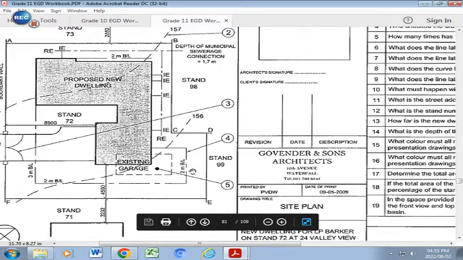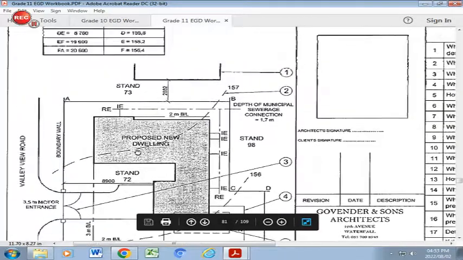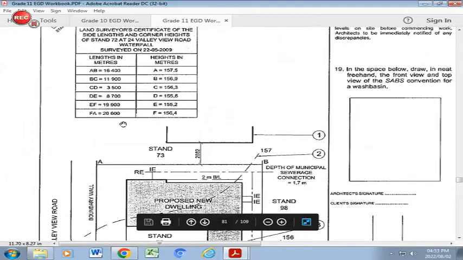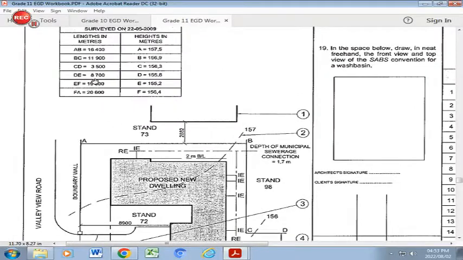Now I'm going to go to this little part which I've broken up, where I take CD and multiply it with DE. CD is 3.5, and DE is going to be 8.7. That leaves you with an answer of 12.95.